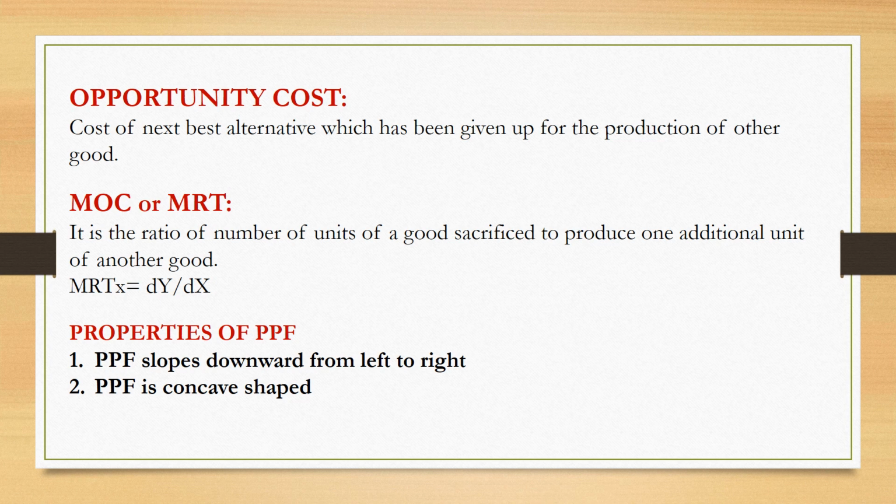In such a case, more of one good can be produced only by taking resources away from the production of another good. As there exists an inverse relationship, that is an indirect relationship, between the changing quantity of one commodity and the changing quantity of the other commodity, the PPF slopes downwards from left to right.